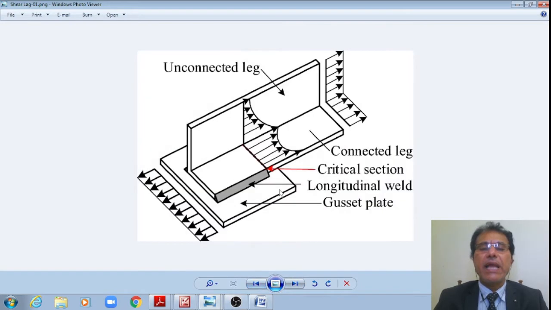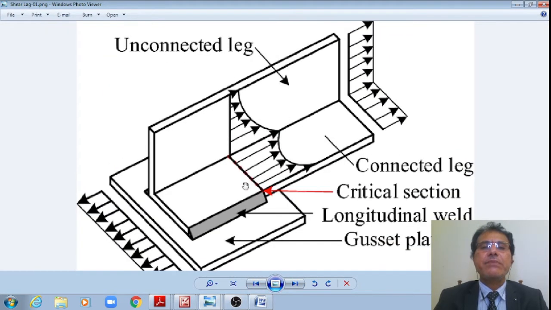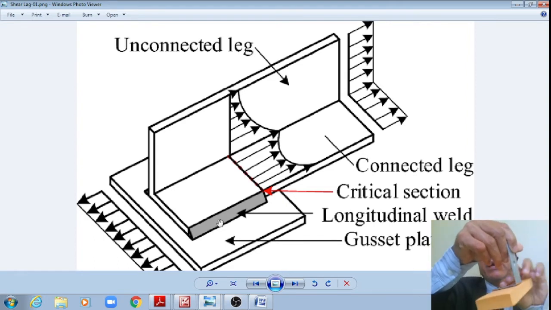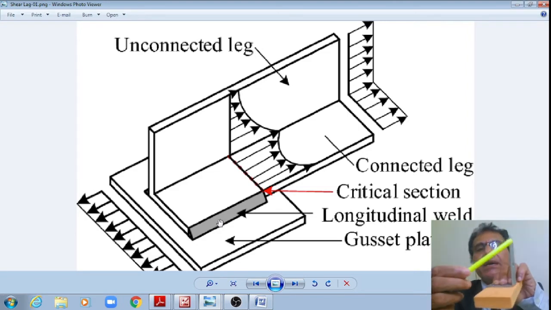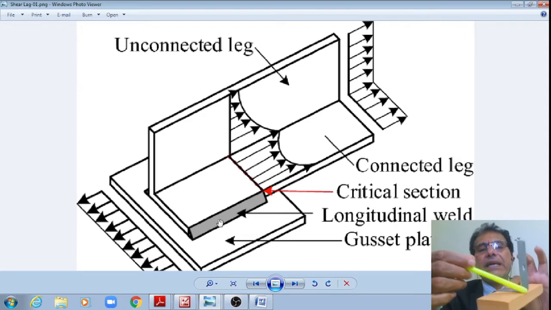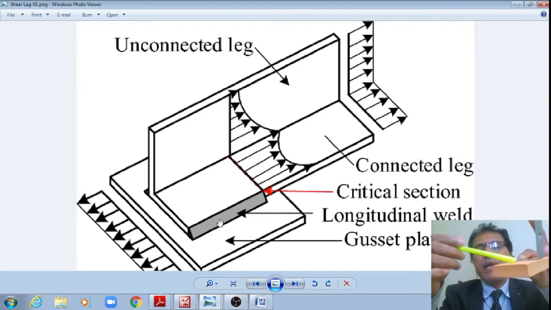I am showing the same shear lag effect when an angle is connected to the top of a plate like this. At the free end there is less stress as compared to the ends which are connected with the plate.